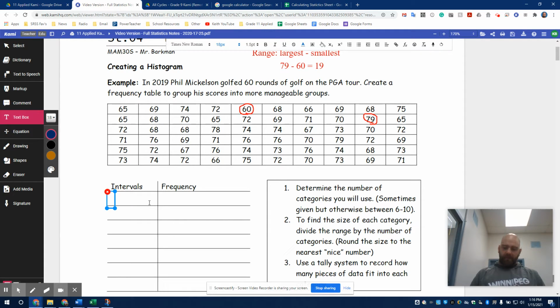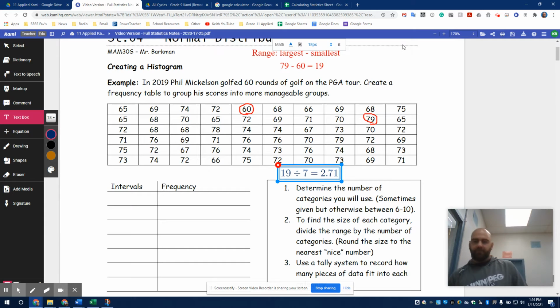We want to figure out how big our intervals are going to be. I'm going to use 7 intervals, so I take my range and divide by the number of intervals I want, and I get an answer of roughly 2.71.